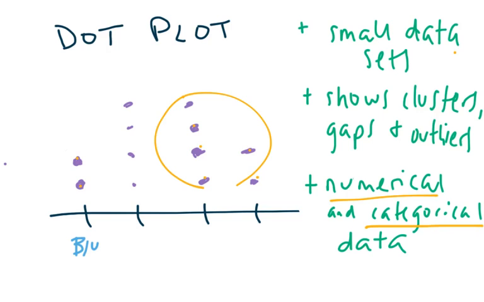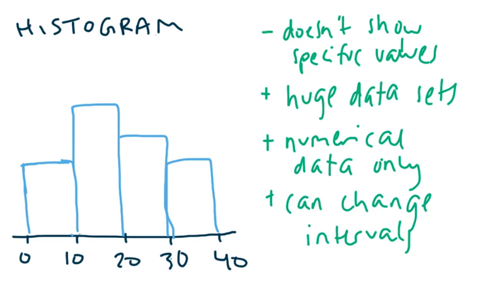So here's for blue eyes, and then green eyes, and then I could see how many people have brown eyes, and so on. I could use these for categorical data, so categories rather than just numbers. So those are some advantages of the dot plot.